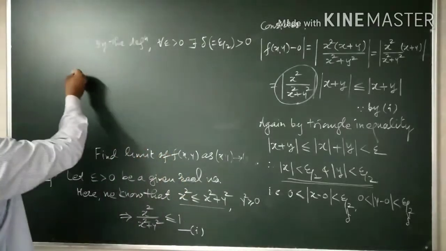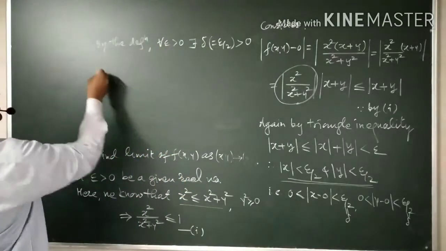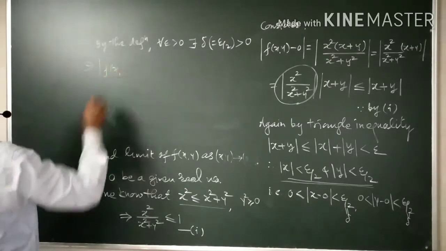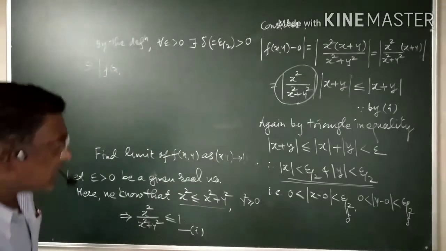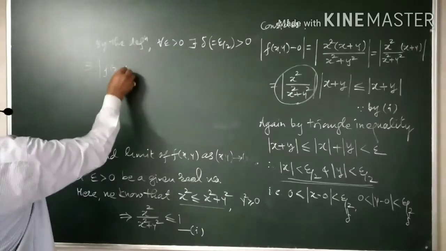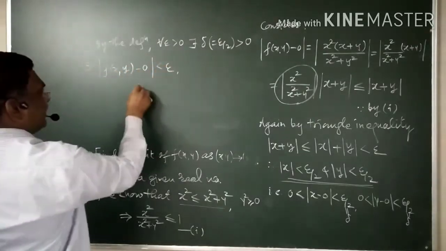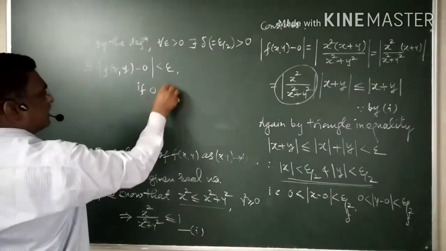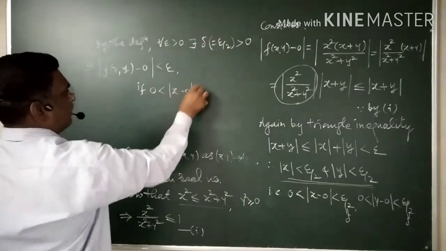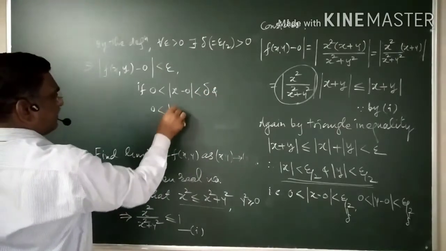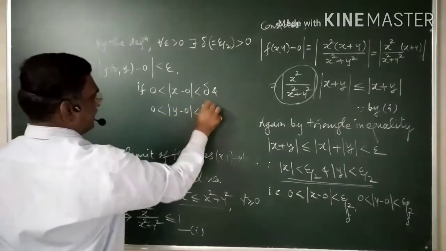Even though it is epsilon by 2, there exists delta greater than 0 such that absolute value of f of x comma y minus 0 is less than epsilon, if absolute value of x minus 0 is less than delta and 0 is less than absolute value of y minus 0 is less than delta.